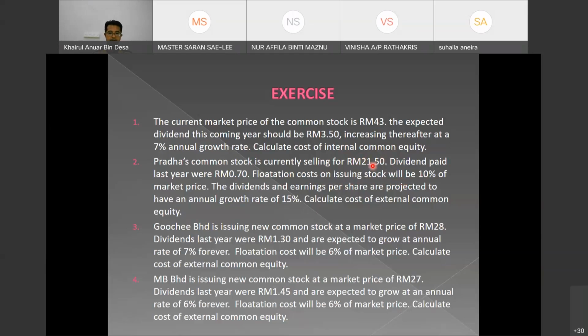Flotation cost di sini ada RM2.15 lah. Okay, Raudah, 10% out of the market price. Yang lain, soalan lain okey?